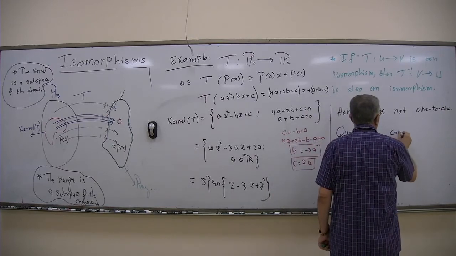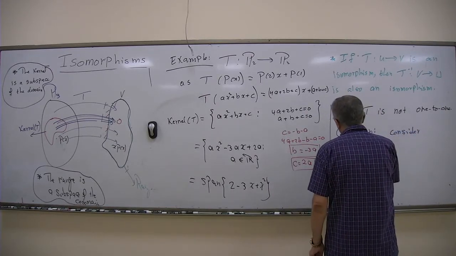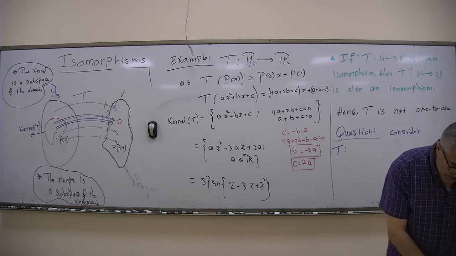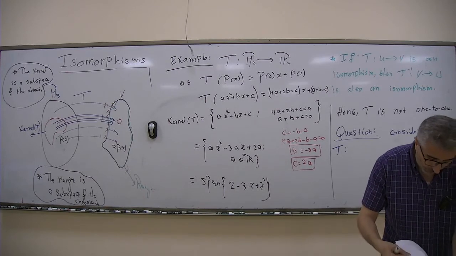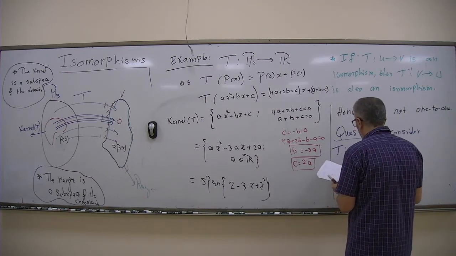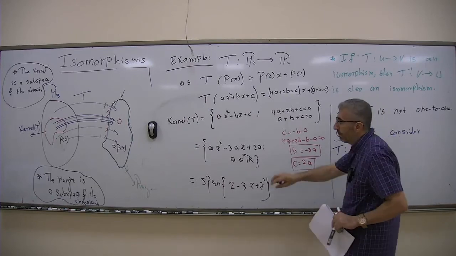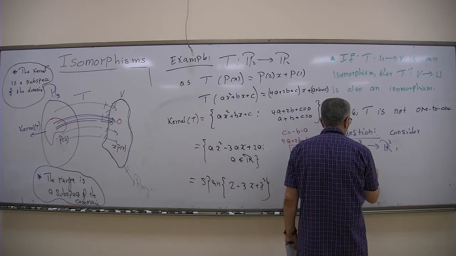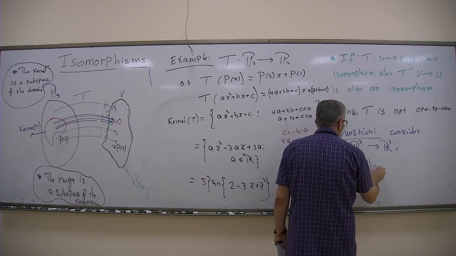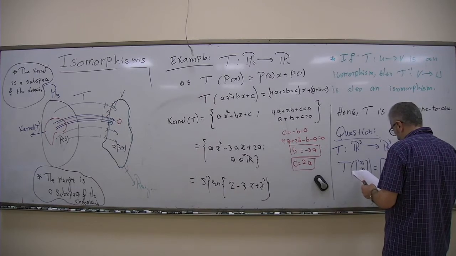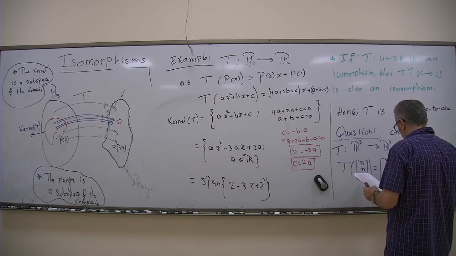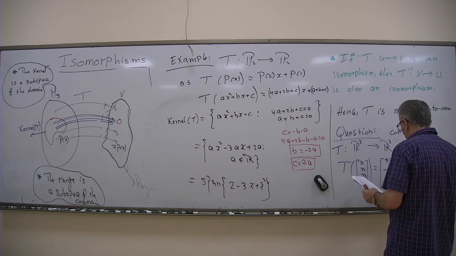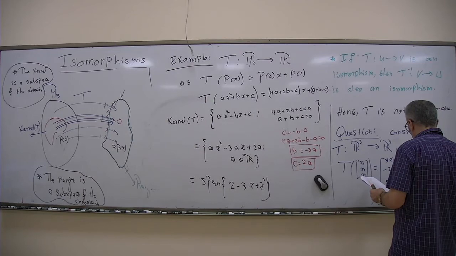Consider T from R3 to R3, defined as T of (x1, x2, x3) equals (3x1 plus x2, negative 2x1 minus 4x2 plus 3x3, 5x1 plus 4x2 minus 2x3).